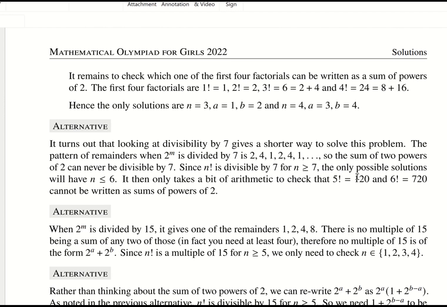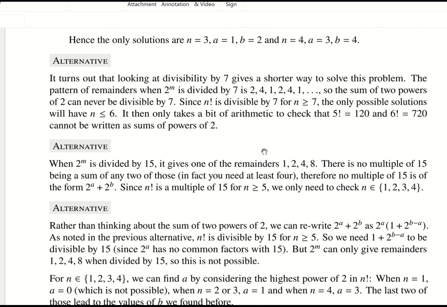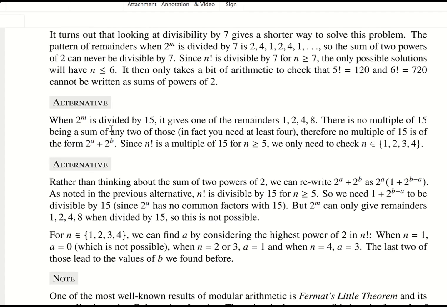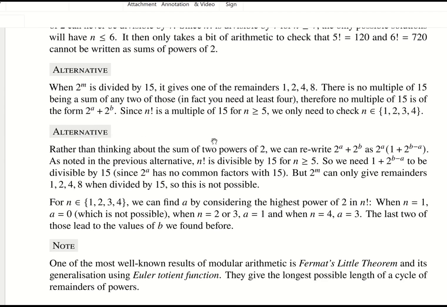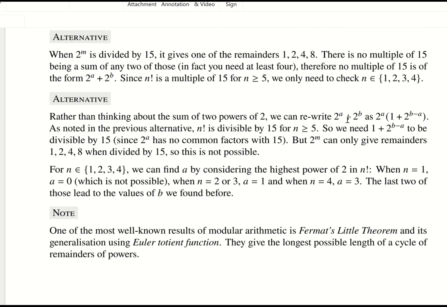Seems unlikely to go that route, but maybe you did. And again, we see that it's not going to be possible for other ones. 15. Yeah, I'm sure there's actually more than just 7 and 15 that you could look at. You could rewrite 2 to the a plus 2 to the b.